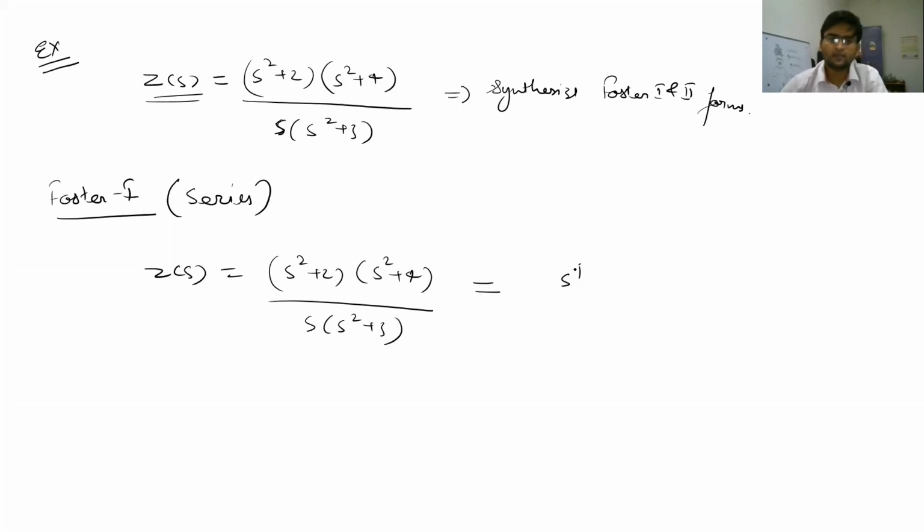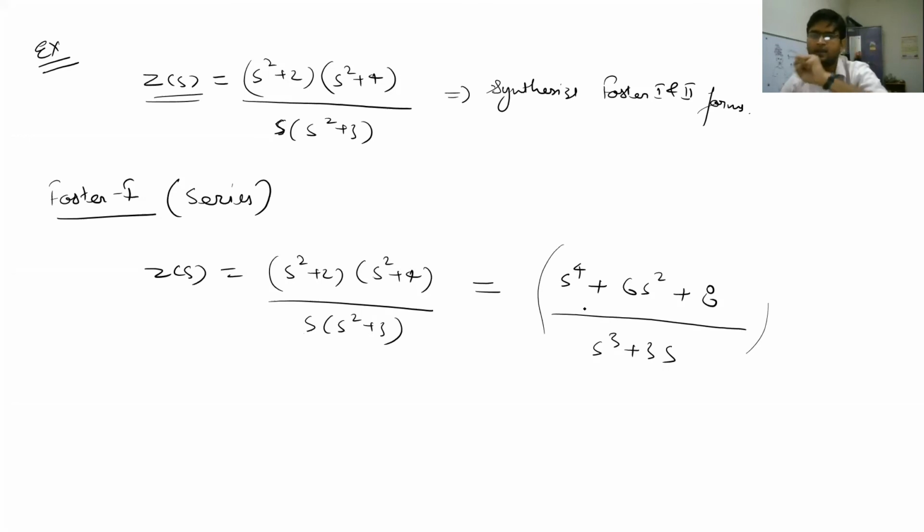So we will get s to the power 4 plus 6 s square plus 8 divided by s cube plus 3s. So we have to rearrange this function by taking a particular component out, and we will get another fraction where the denominator power is more than the numerator power. I think we can easily rearrange it.